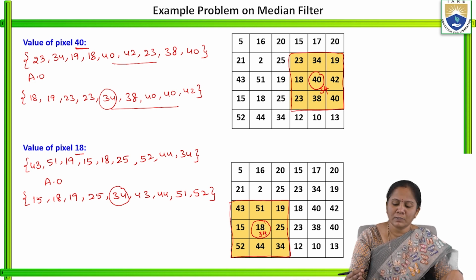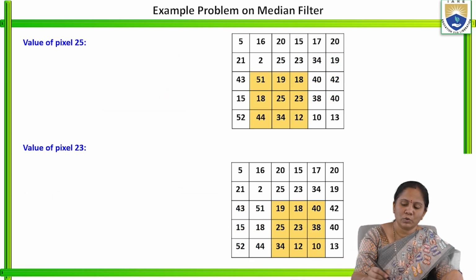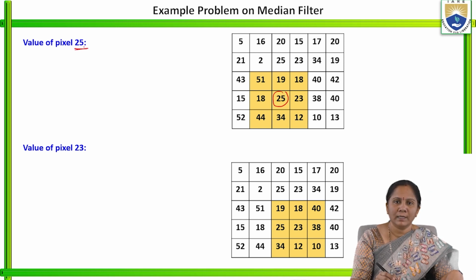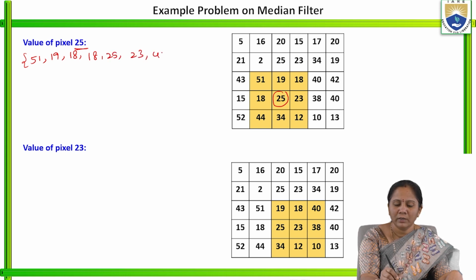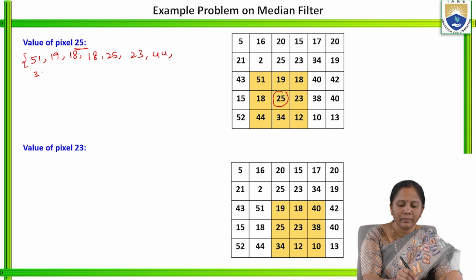Similarly, if we shift this mask towards right, then the 25 will become the center pixel where the new value should be calculated. So considering this 25 as a center pixel, write all the neighborhood pixels. So here 51, 19, 18, 18, 25, 23, 44, 34 and 12.